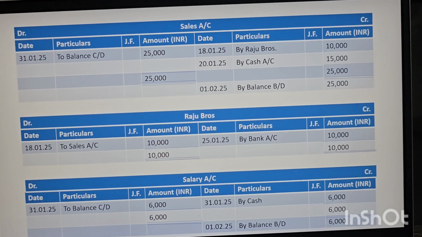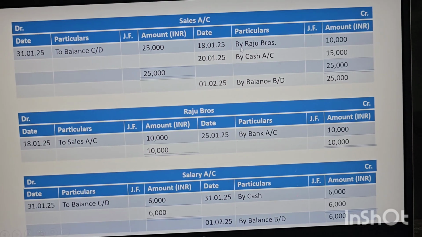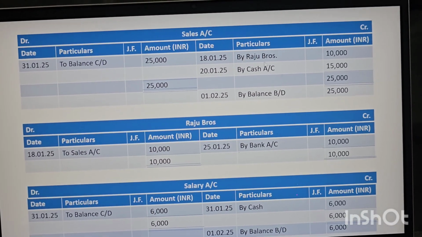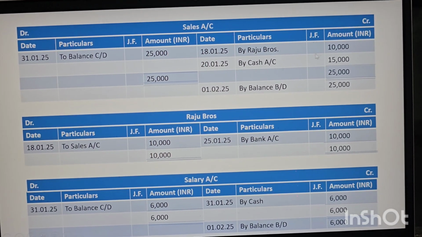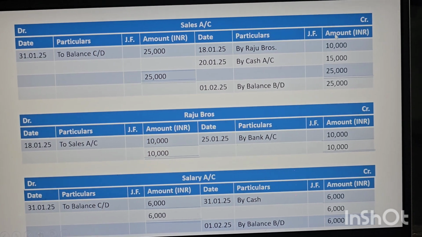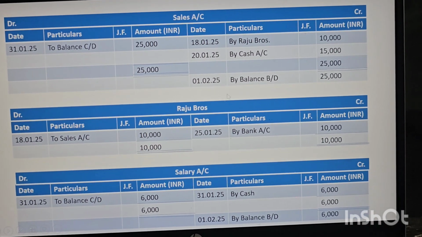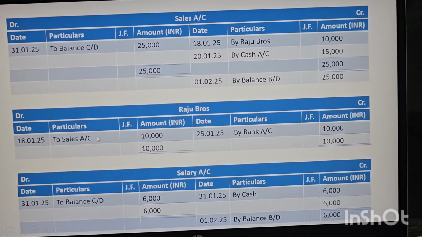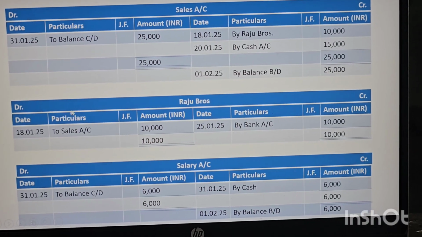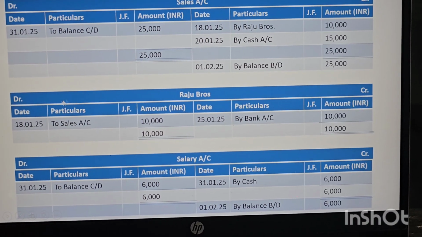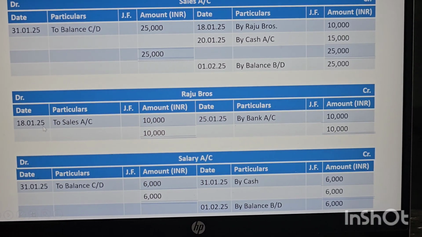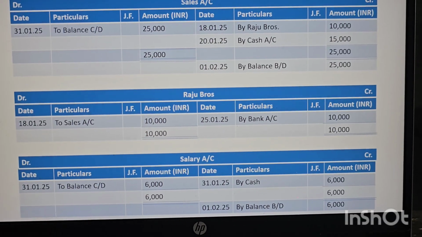So in the sales, we have by Raju Brothers on the credit side of 10,000, and in the Raju Brothers account, we are debiting it by writing Raju Brothers account debit. So we are putting the transaction on the debit side against what? Raju Brothers account debit to sales.